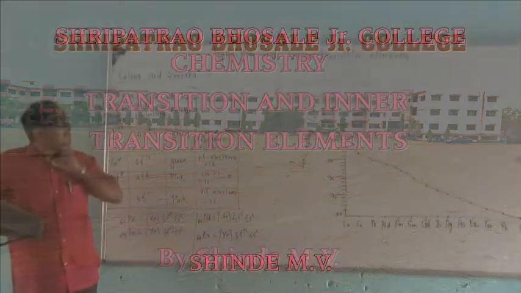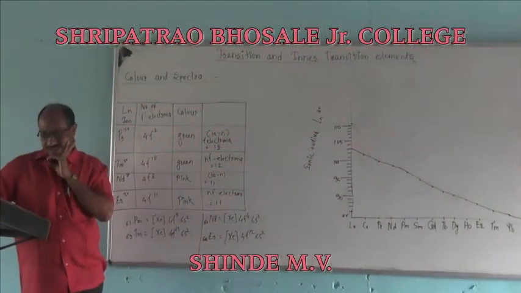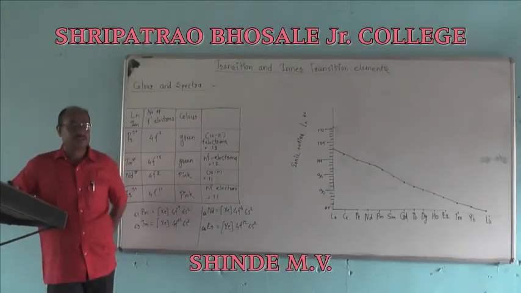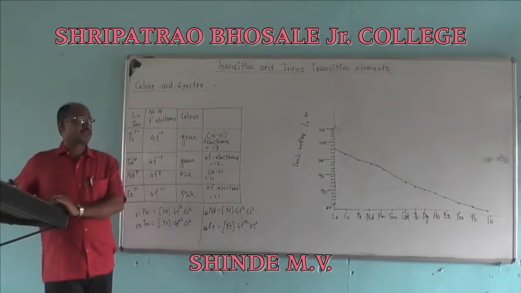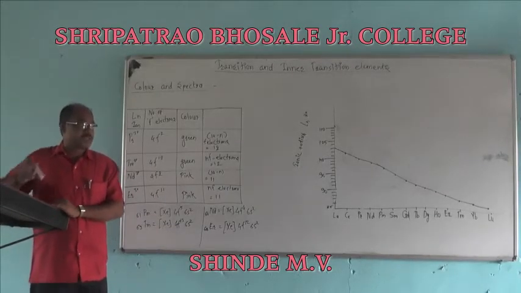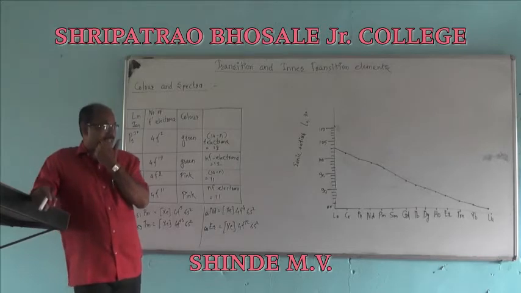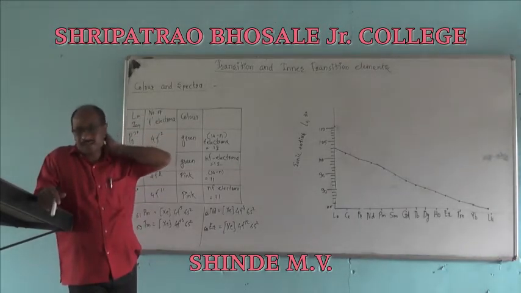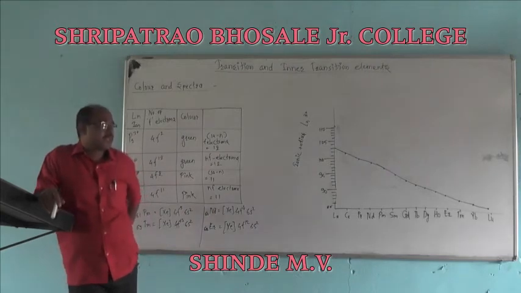So, in the previous lecture we studied the electronic configuration of lanthanoids. We also discussed the variable oxidation states shown by lanthanoids. +3 is the stable oxidation state.